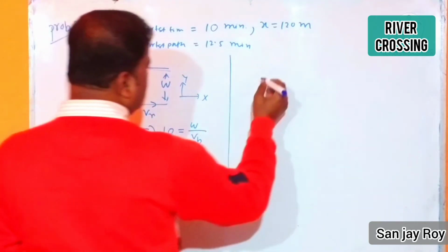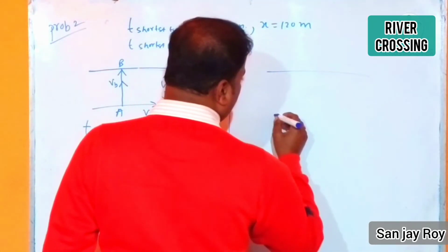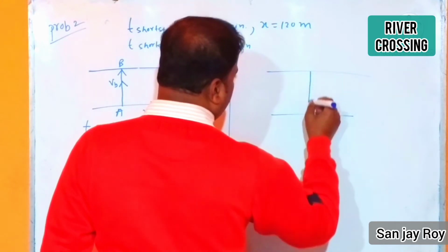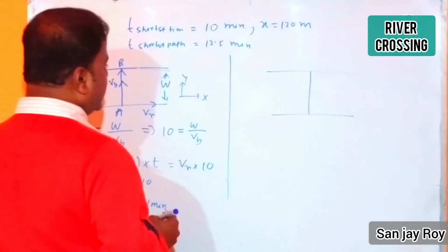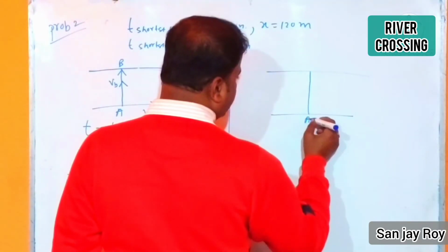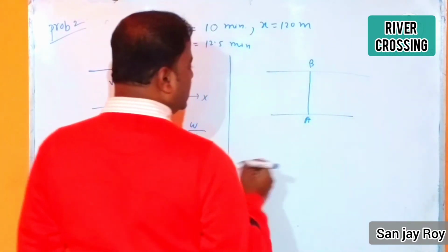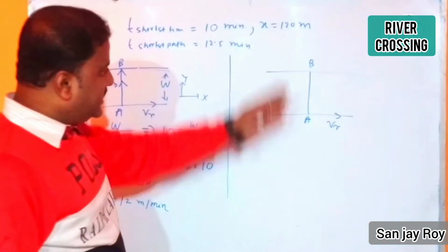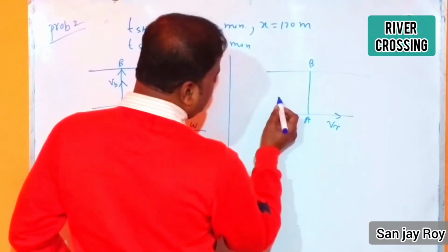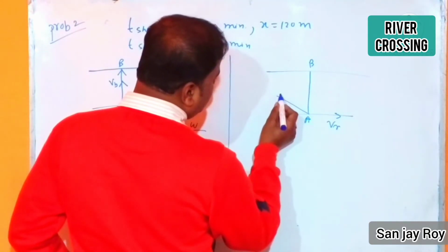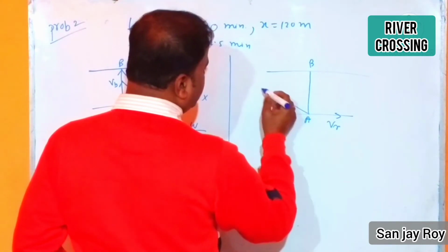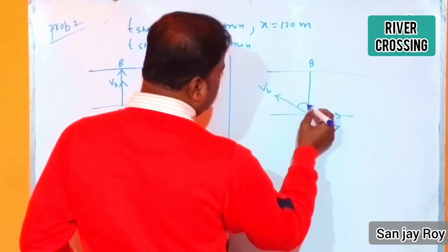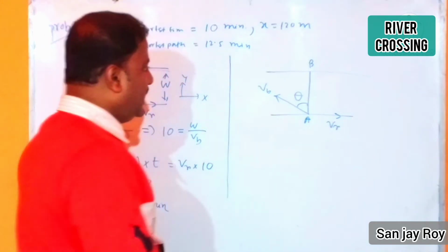Second condition, we want to cross the river in the shortest path. Here the shortest path is AB. To cross the river in shortest path, the boat should head along this direction with an angle theta with the line AB.